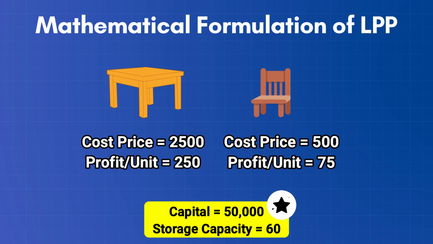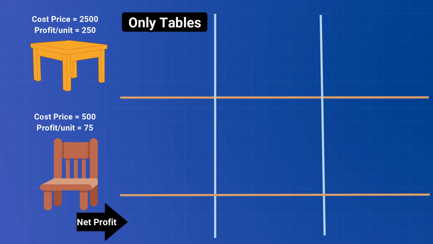First, his investment is limited to a maximum of 50,000 denomination, and so is his storage space, which is for a maximum of 60 pieces. Suppose he decides to buy tables only and no chairs.